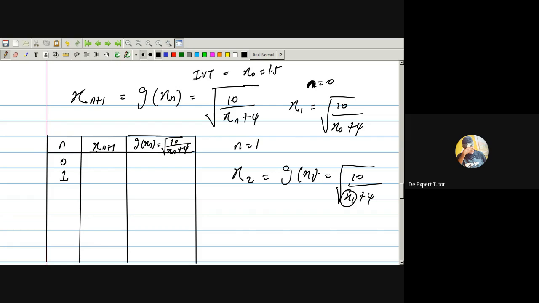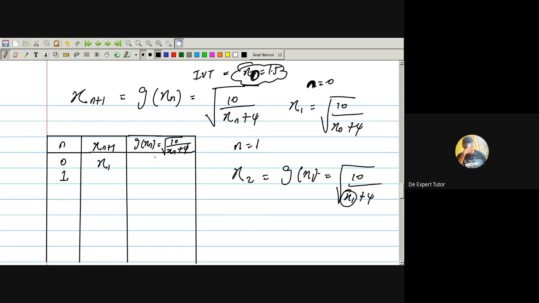At n equal to 0, remember I have the initial guess. This will be my x1 at n equal to 0, and what I'm going to use here is my x naught. My x naught is 1.5. We have put 1.5 there.